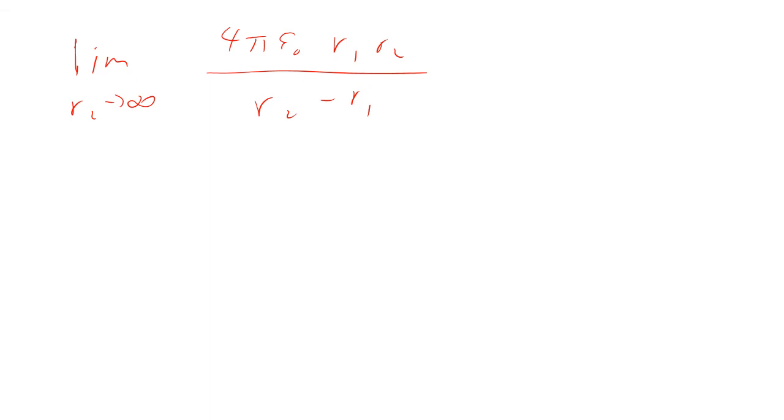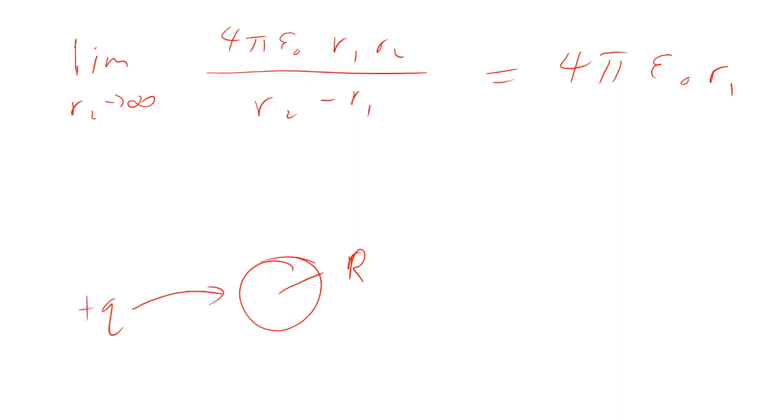Okay, so L'Hopital's rule, take the derivative with respect to R2 at the top, the derivative with respect to R2 at the bottom, and what we come up with is 4 pi epsilon naught R1. So if we just have an isolated sphere of radius R, and we put some charge on it, it doesn't matter positive or negative charge, then the capacitance of that isolated sphere is simply going to be 4 pi epsilon naught R.